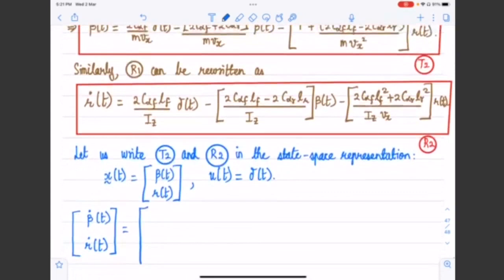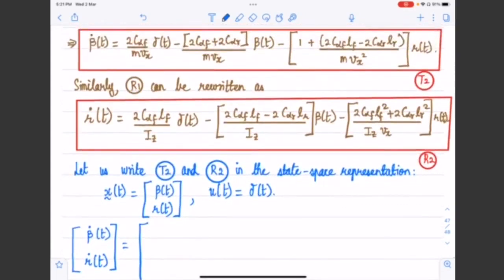Beta dot is going to be minus 2C alpha F plus 2C alpha R divided by m Vx, times beta of t. At first glance this looks a bit unwieldy, but please bear with me for some time.